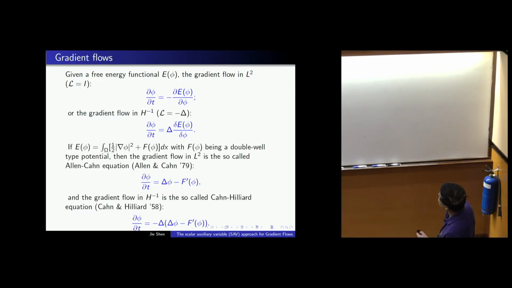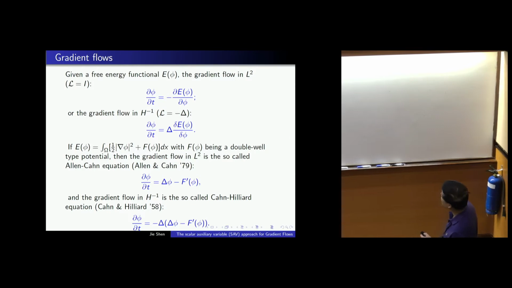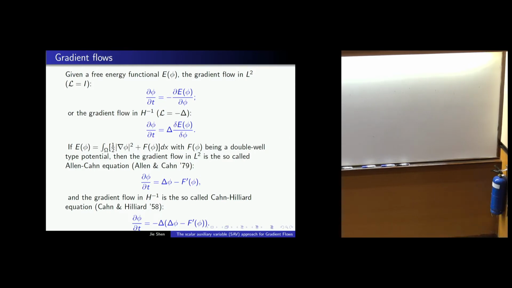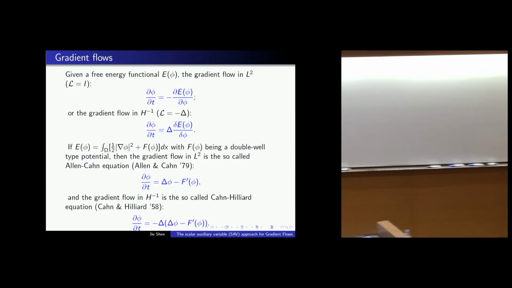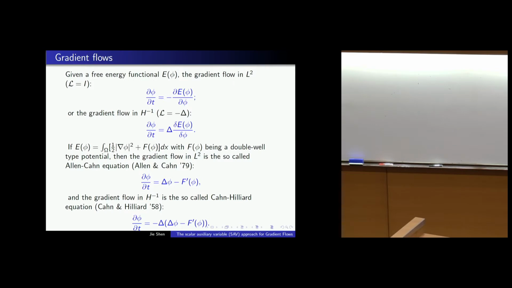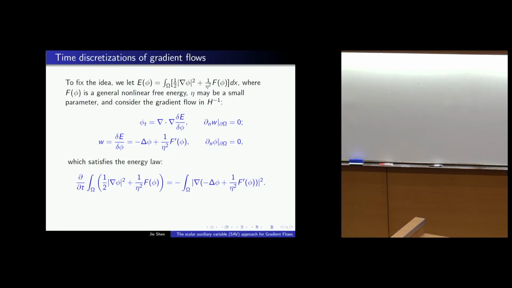If we fix the free energy to be this form, with the nonlinear potential being a double well type of potential, then everybody knows the gradient flow in L2 is the Allen-Cahn equation. And in H-1, in the conserved form, you get the Cahn-Hilliard equation.